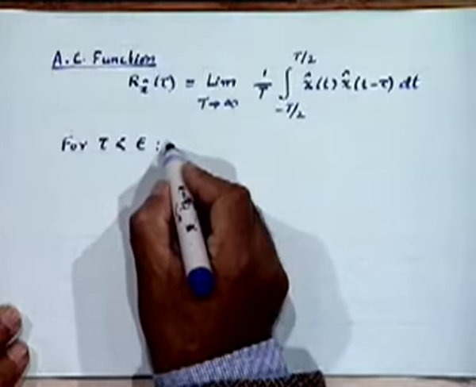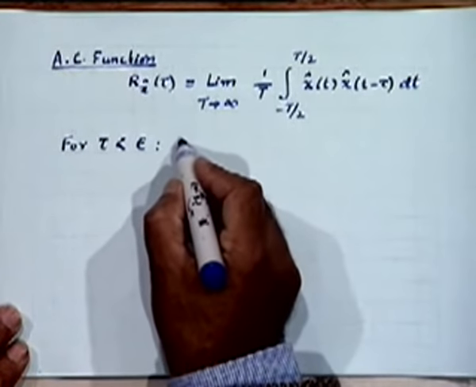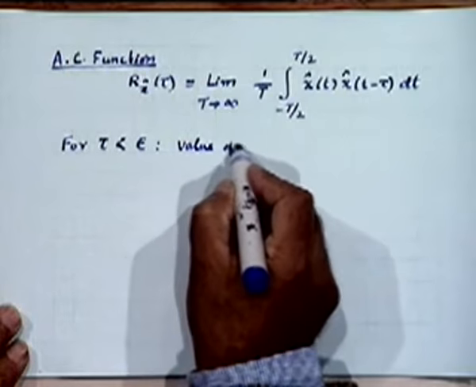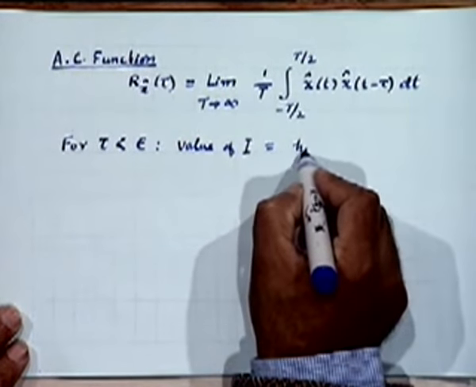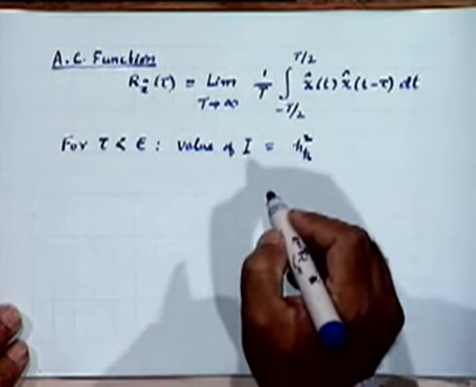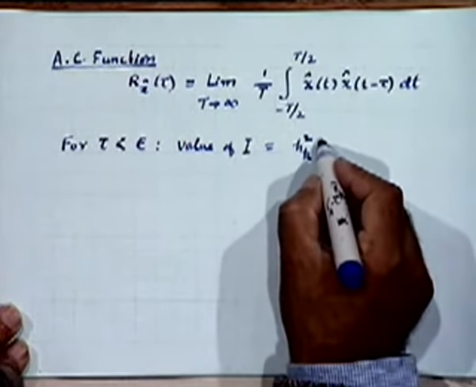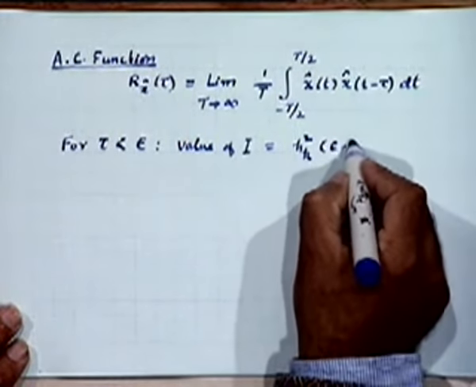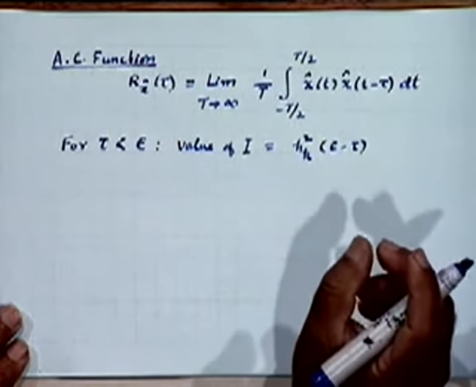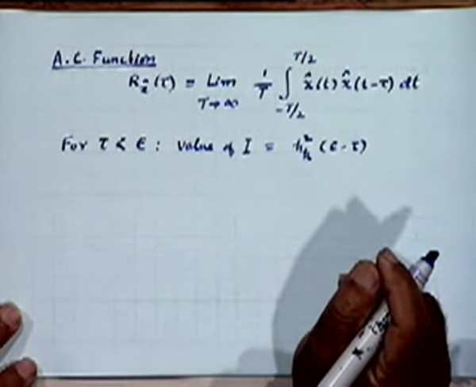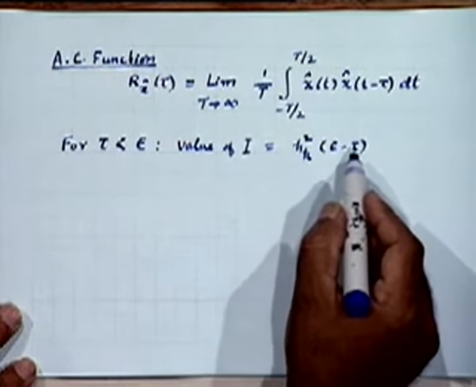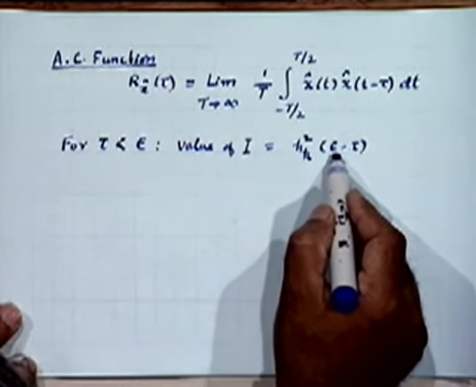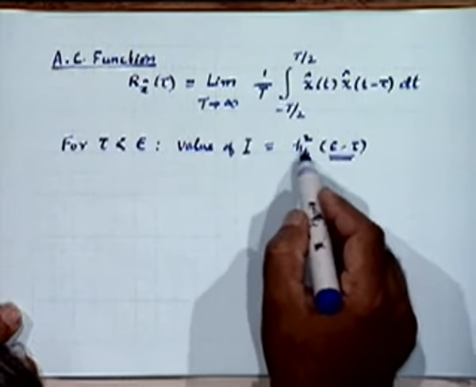So we can say therefore that for tau less than epsilon, the value of the integral, I will just call it I, will be equal to hk square, because you are multiplying hk with hk in the kth pulse pair situation, into epsilon minus tau, which is the duration of the overlapping interval, right? Or if this is confusing, you can write epsilon minus tau into hk square, so as not to confuse this with the argument of hk or anything like that. This is a product.